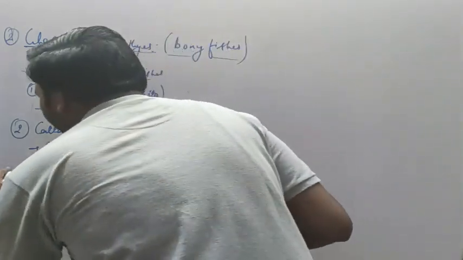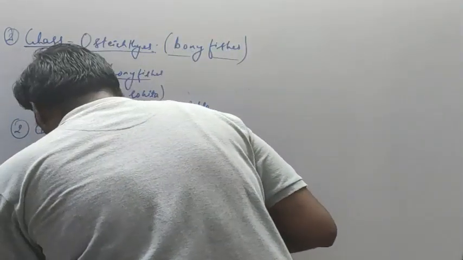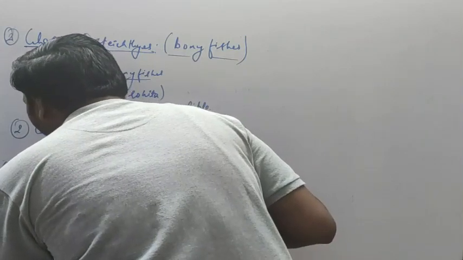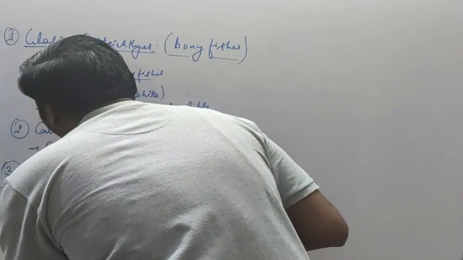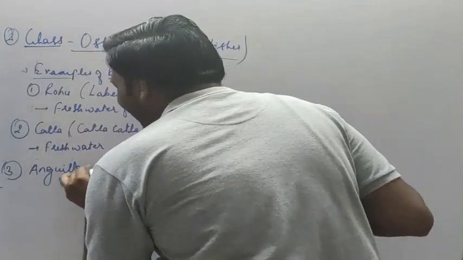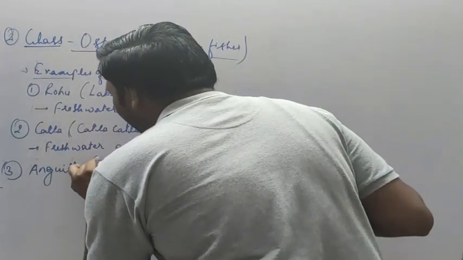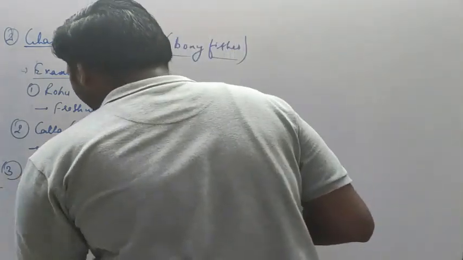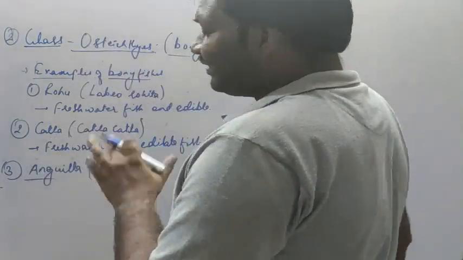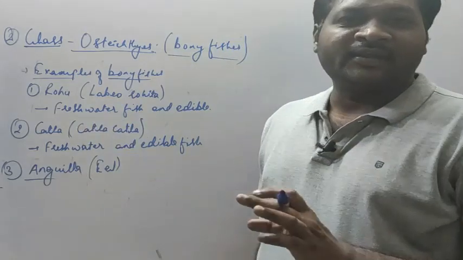The next, third example is Anguilla. This Anguilla is commonly called the eel. So these Anguilla are migratory fish.